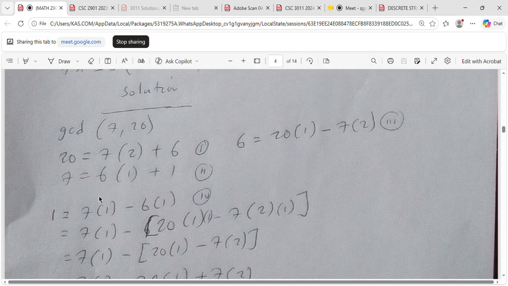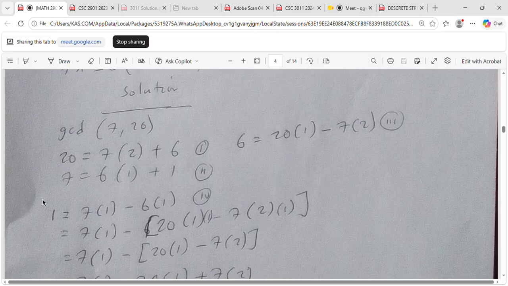Then remember it was 6 equals 1, so 1 will become this side, will be equal to, then this side we have plus 0, so 1 equals 0. Okay, so whichever number is here equals 0, the number on the leftmost is the GCD. Let me demonstrate this.